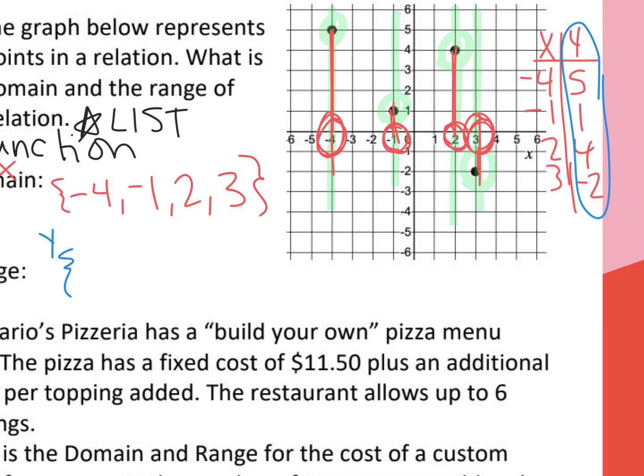So on a range, instead of left to right, we're going to go bottom to top because our lower numbers are on the bottom. -2, 1, 4, 5. Now, again, if looking at the graph and drawing those lines is confusing to you, I would strongly suggest you just make your table so you can see that, in fact, we did -2, 1, 4, and 5.